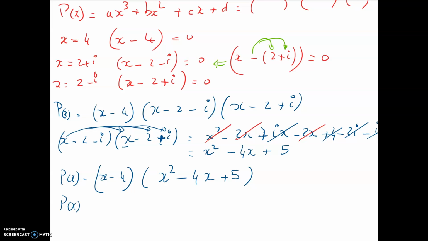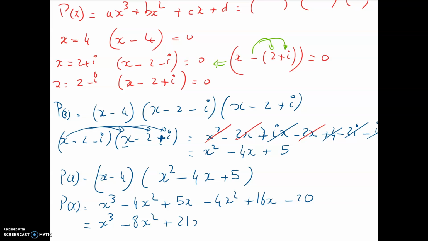That gives me p of x equals x cubed minus 4x squared plus 5x minus 4x squared plus 16x minus 20. We end up with x cubed minus 8x squared plus 21x minus 20, and that is our polynomial p of x.